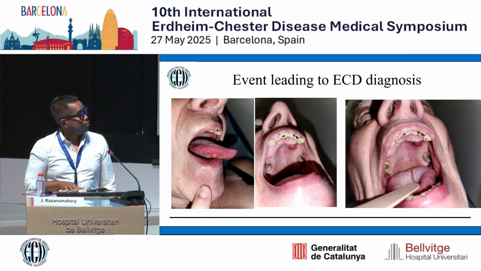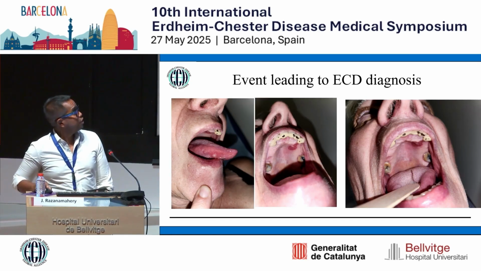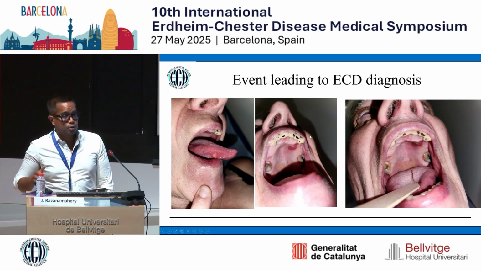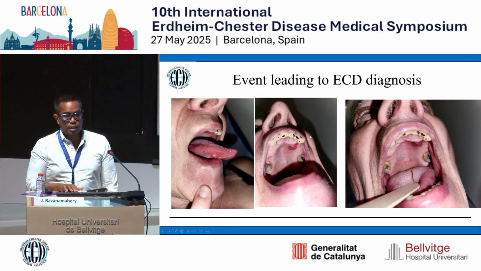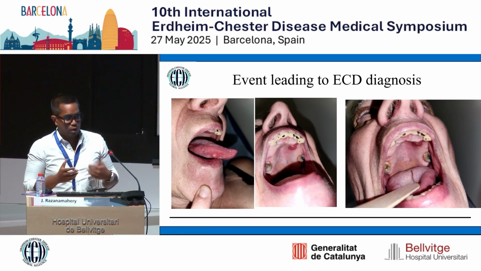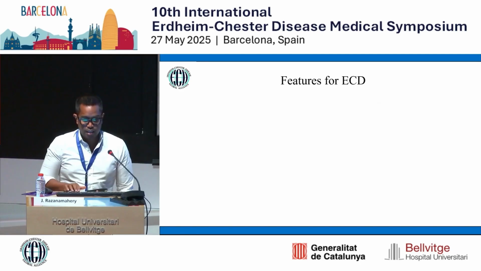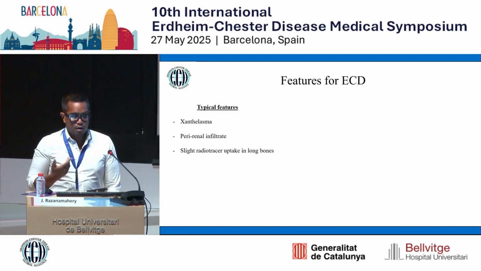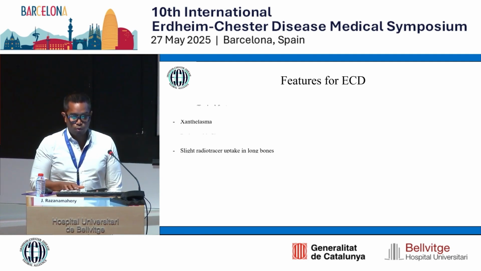And if you look at this presentation, she was really sick despite the treatment with apremilast. So it's not really usual in patients with ECD. But we've got xanthelasma, perirenal infiltrates, uptake on the long bone.